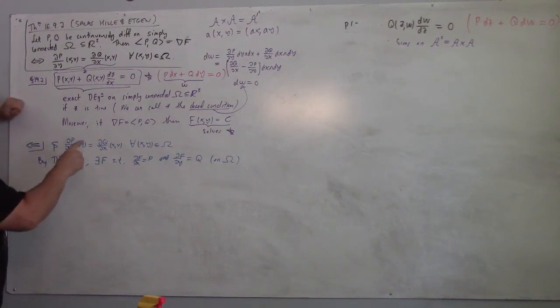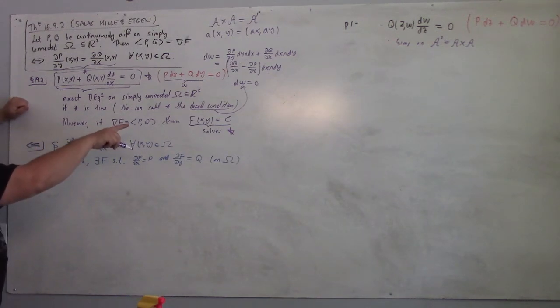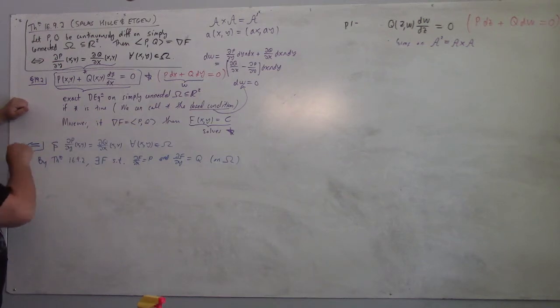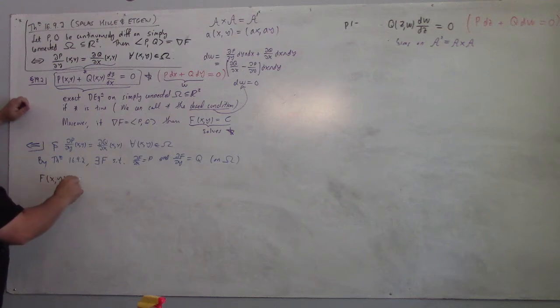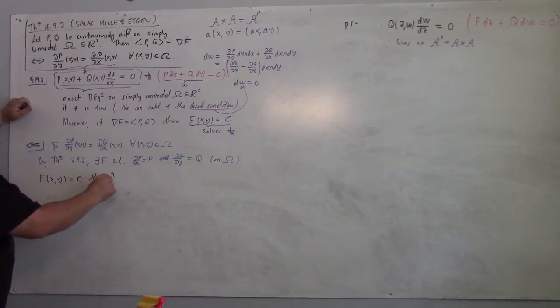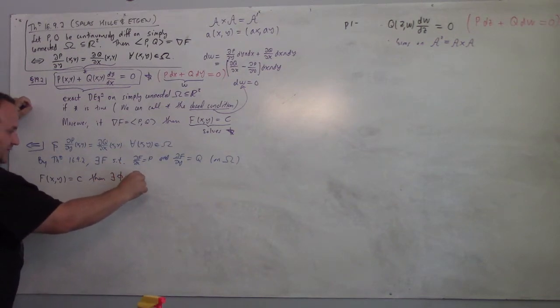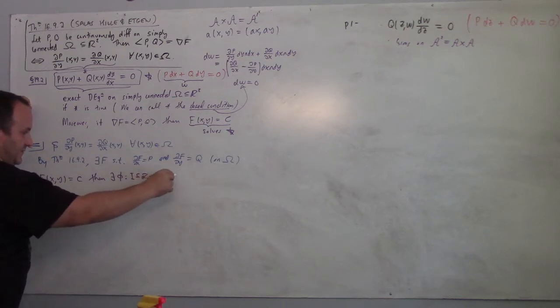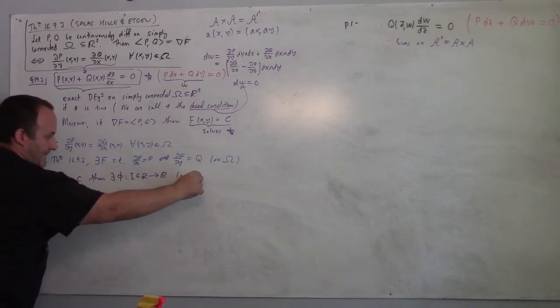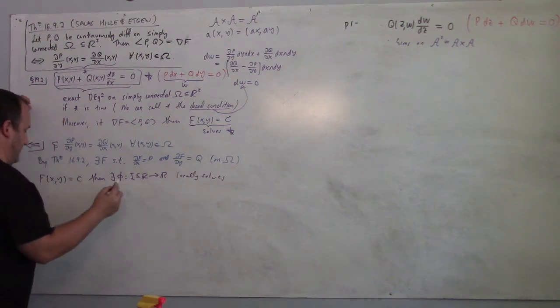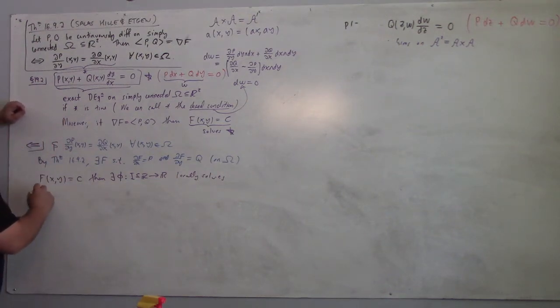So why do we set f equal to a constant? Why does it solve? Well, let's just say this. If f of xy equals a constant, then there exists phi, from some subset of the reals to the reals, locally solving the level equation, which is this one.